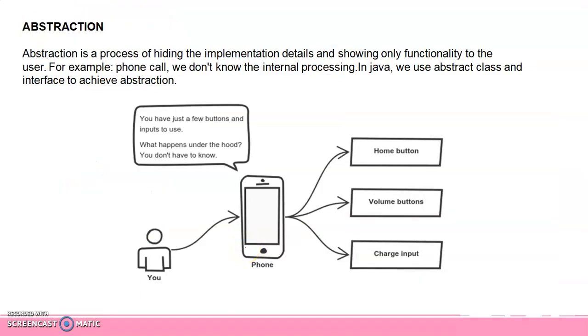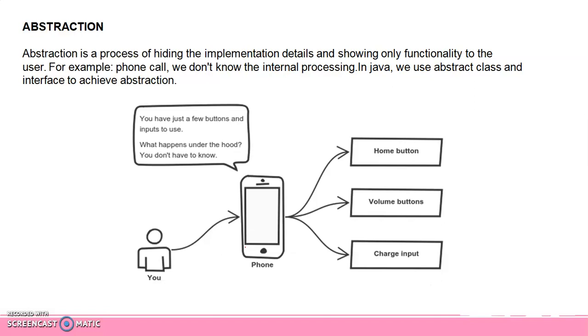Abstraction. The next concept of object-oriented programming is abstraction. So abstraction is the process of hiding the implementation details. Implementation means execution, the running part. So that is going to be hidden. Abstraction is the process of hiding the implementation details and it shows only functionality to the user.